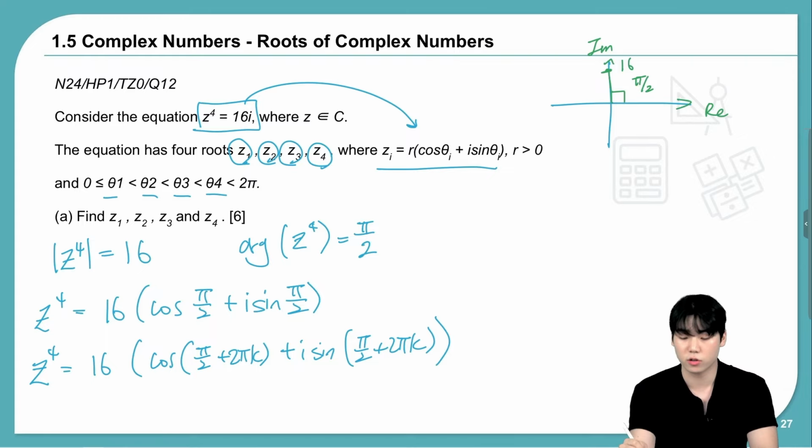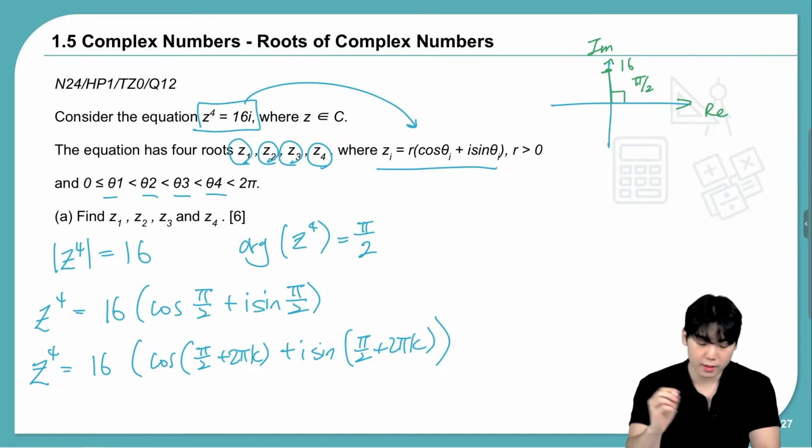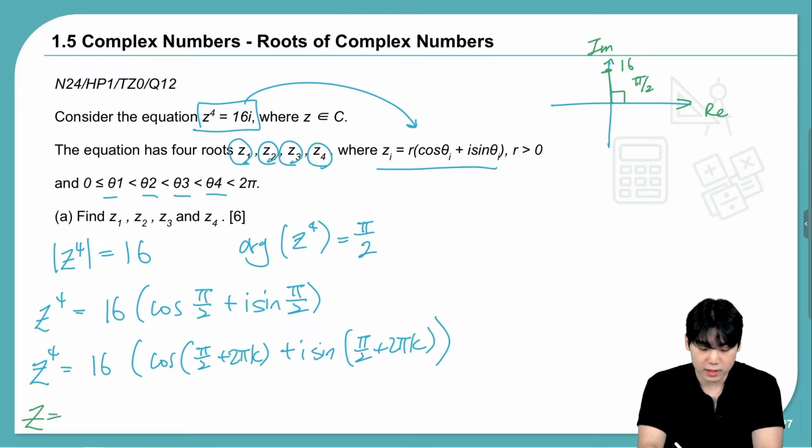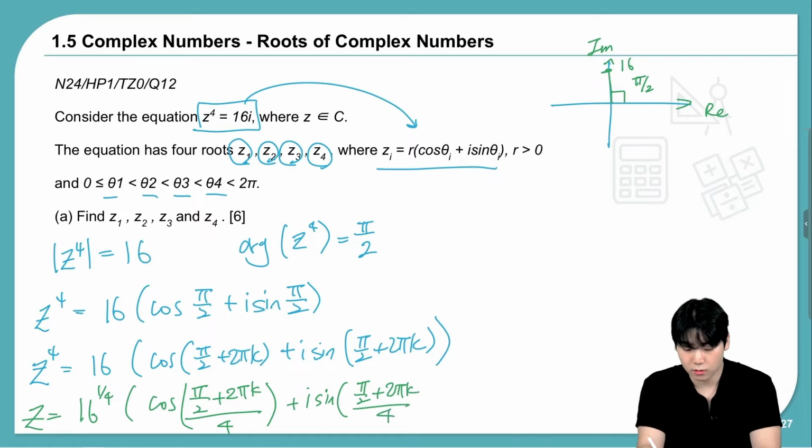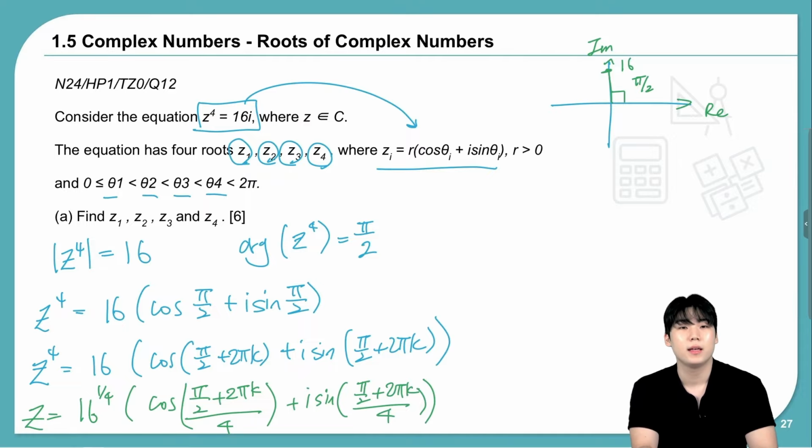As you can see in the unit circle, it will just be repeating because they're periodic by 2 pi. And now apply de Moivre's theorem. Then I have z is equal to 16 to the power 1 over 4, and then cosine of pi over 2 plus 2 pi k over 4, plus i sine of pi over 2 plus 2 pi k over 4. That is my z.